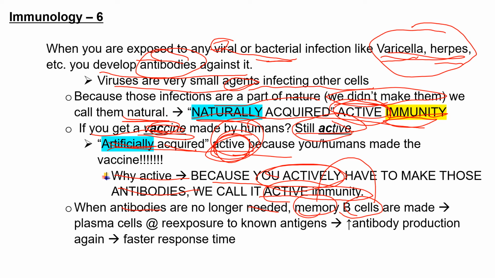And those memory B cells can easily become plasma cells again if there is a re-exposure, if the antigens that are already known to the body are seen again. That memory B cell will wake up from its sleep and very quickly restart the antibody production.